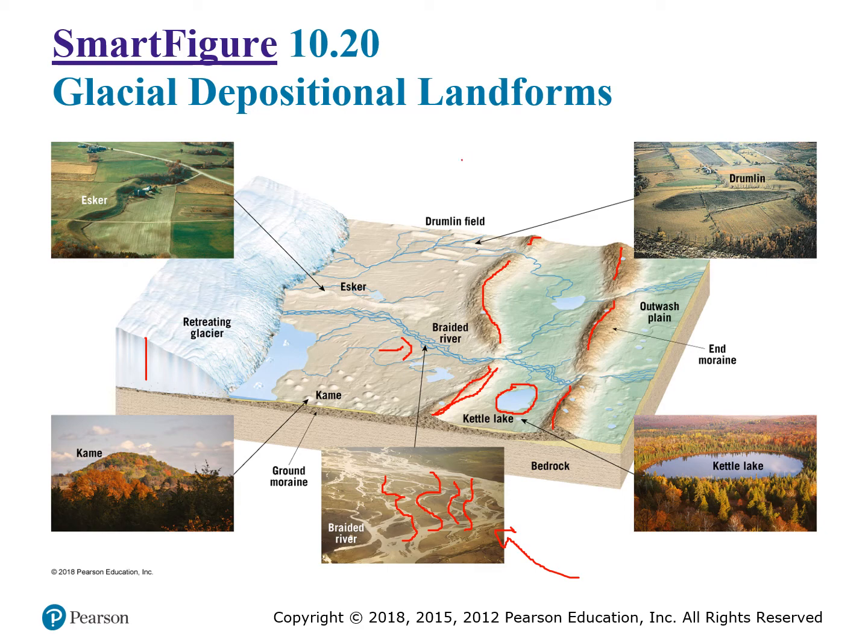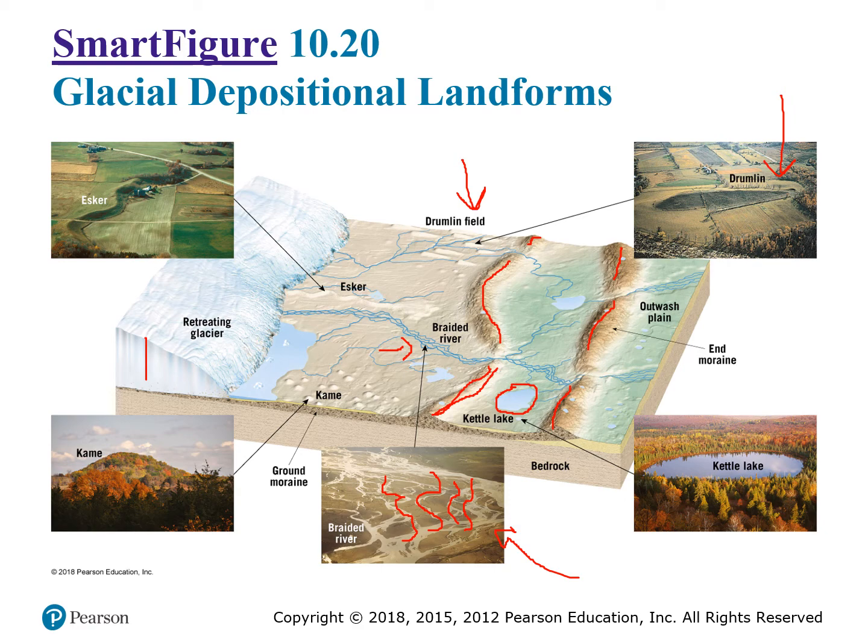Some terrain over here, we call this a drumlin field, and this is an individual drumlin. Those are parallel hills made of till. Drumlins are streamlined and asymmetrical hills, and they're mostly composed of glacial till material.